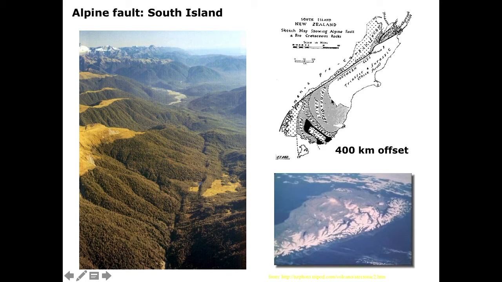So this stuff on the southern side of it, it's not only moving along strike, but it's pushing into it, and it's being pushed up right along there, forming this mountain range, the Southern Alps. So the Alpine fault is definitely an oblique motion fault, unlike some of the other ones we just looked at.